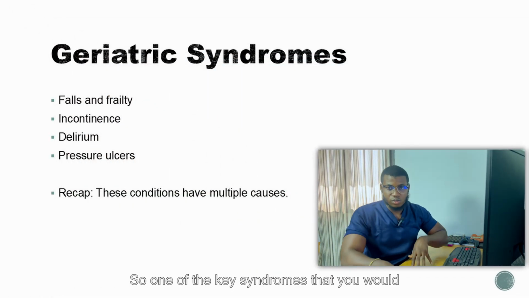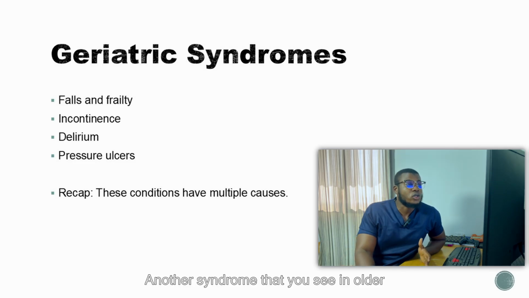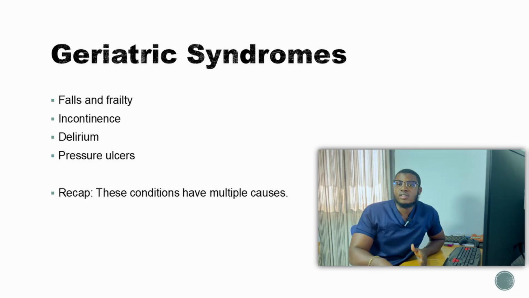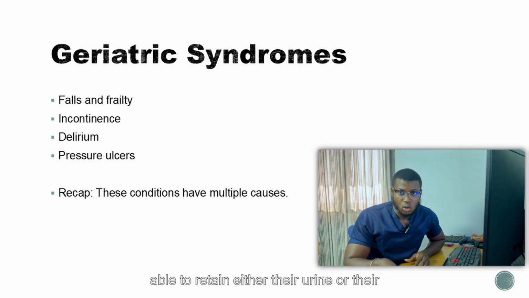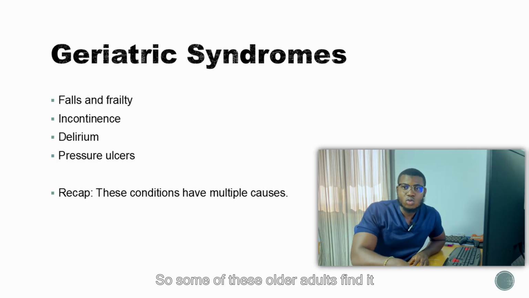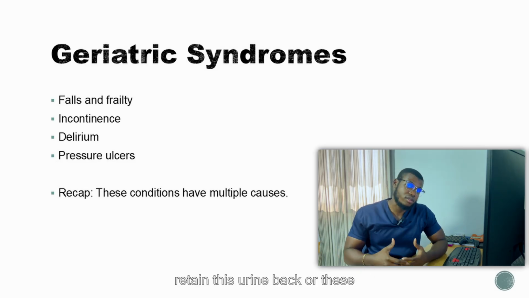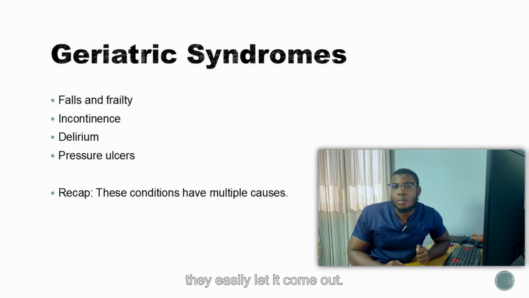One of the key symptoms that you will see in older adults is them falling easily. Another syndrome that you see in older adults is incontinence. Incontinence is the inability to retain either urine or feces. Some of these older adults find it difficult to hold the urine or feces back, and they easily let it come out.